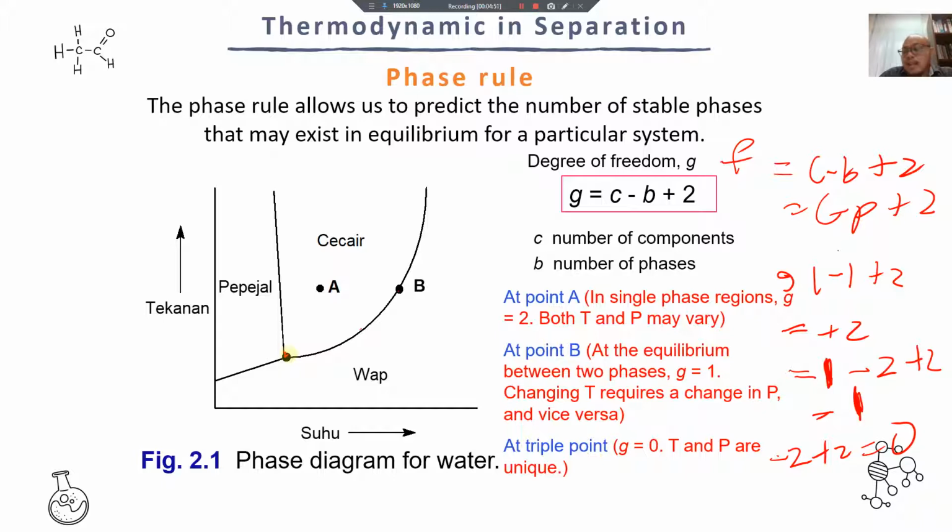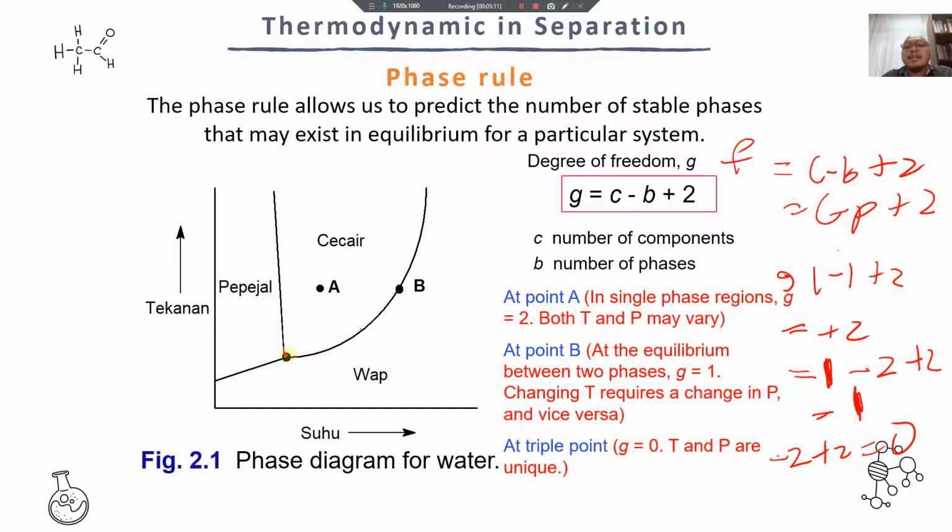So the thing that I want to stress over here is that it doesn't mean that as the number of phases, as the number of freedom increases, that is the best phase for you, okay. Not necessarily.